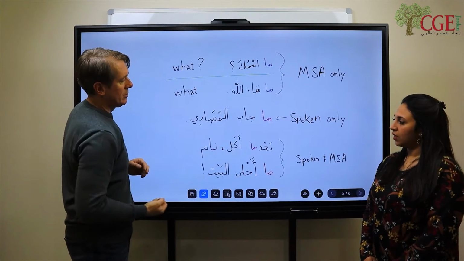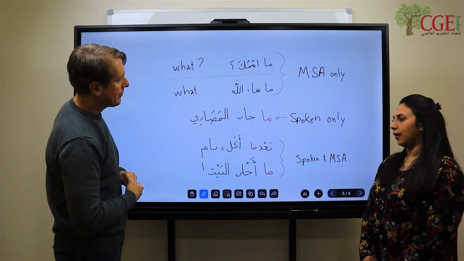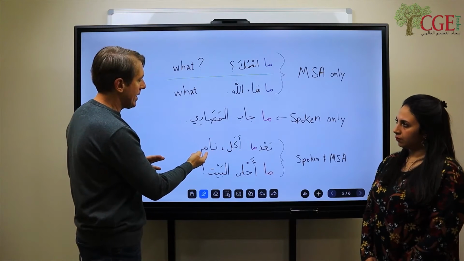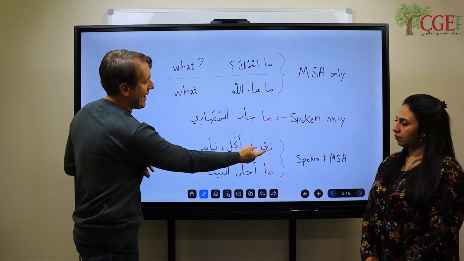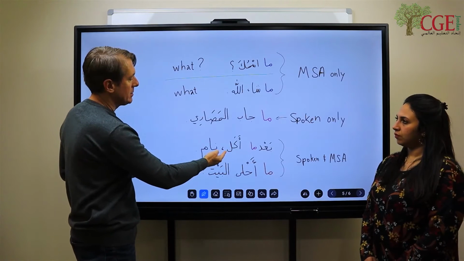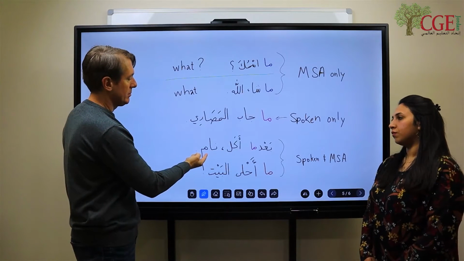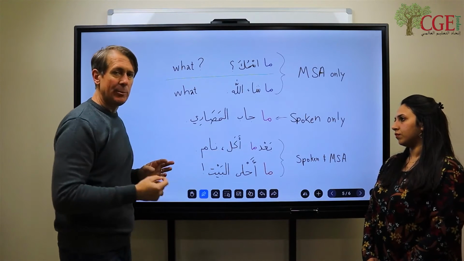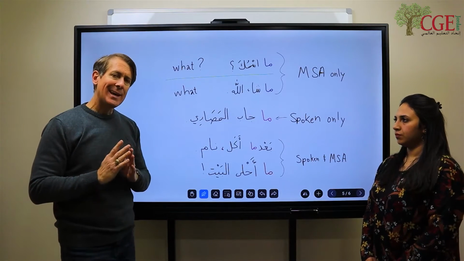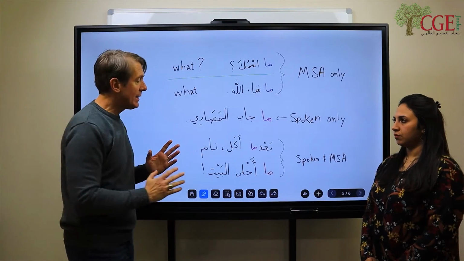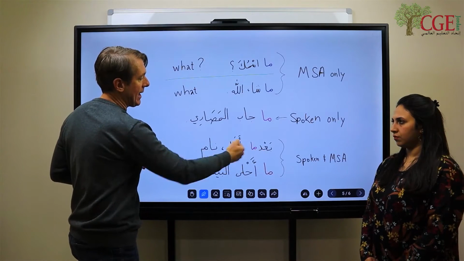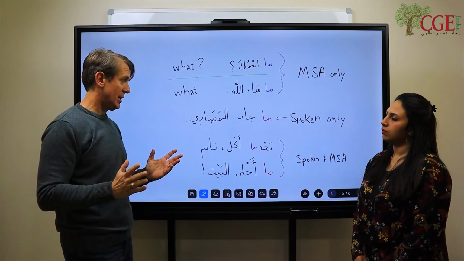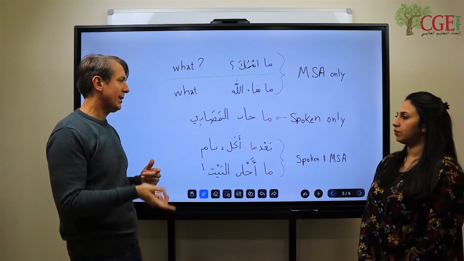What's the first one here? بعد ما أكل نام. After he ate, he slept, or he went to sleep. Here ma is a connector. It has no meaning, but it connects ba'd, after, with a verb. And this is used a ton. We could say قبل ما.